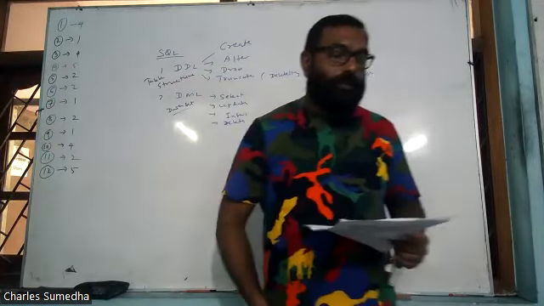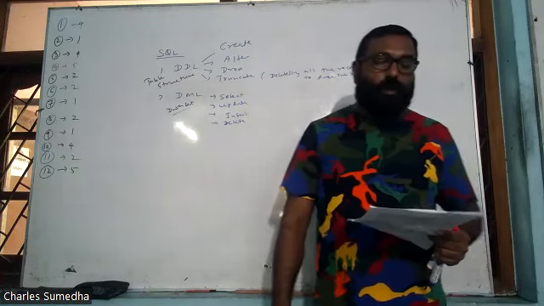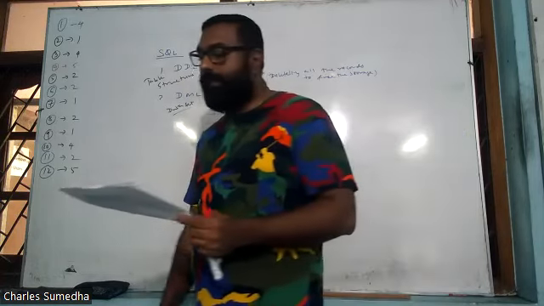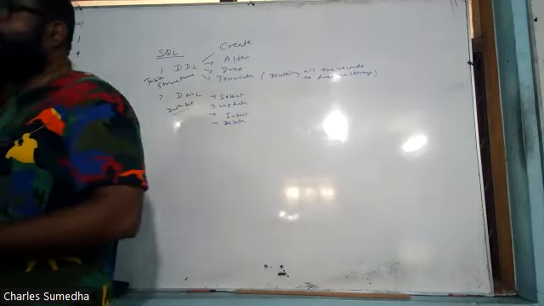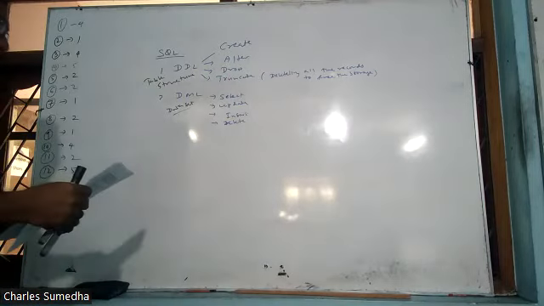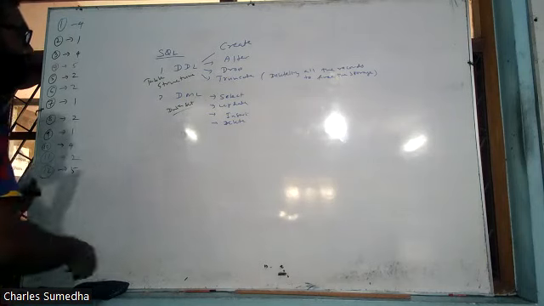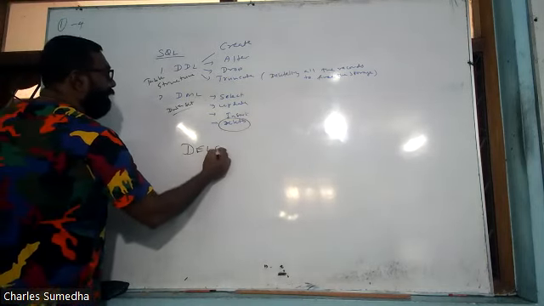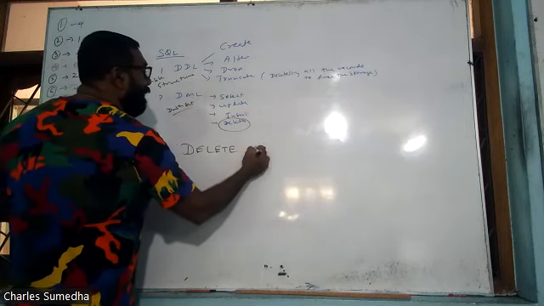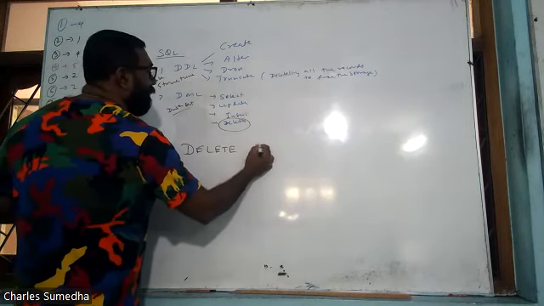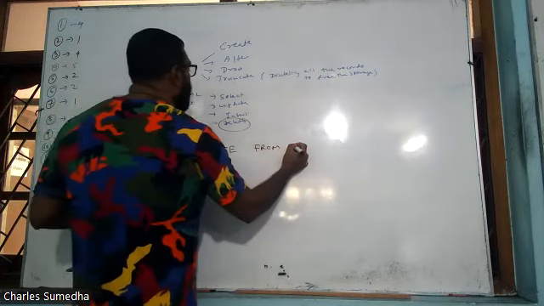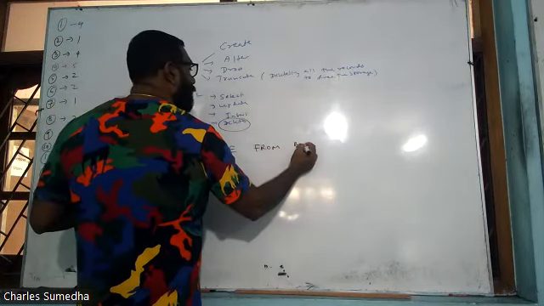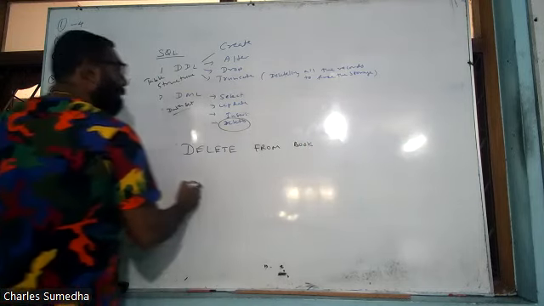Then what is the SQL statement to delete all the records in the book table with author name Edward? Now they have given a criteria. How can you use the delete command? Delete from the table name. What is the table name? Book. Right?